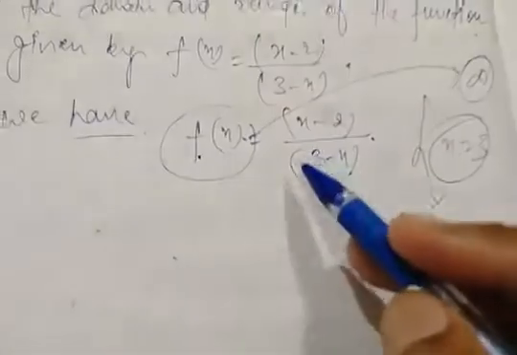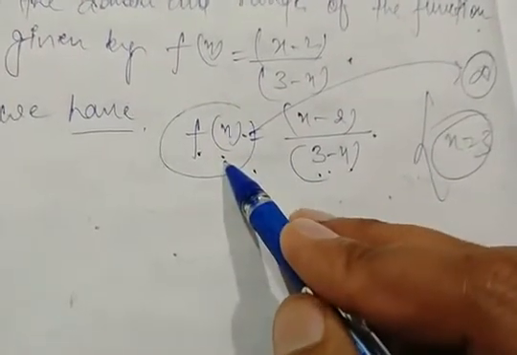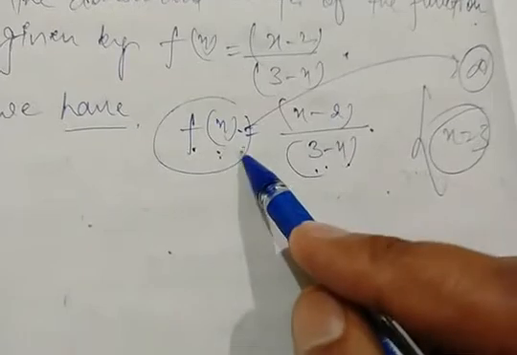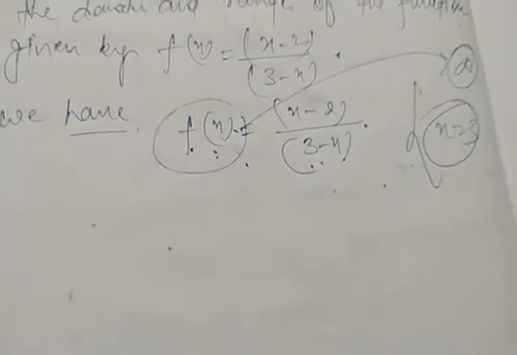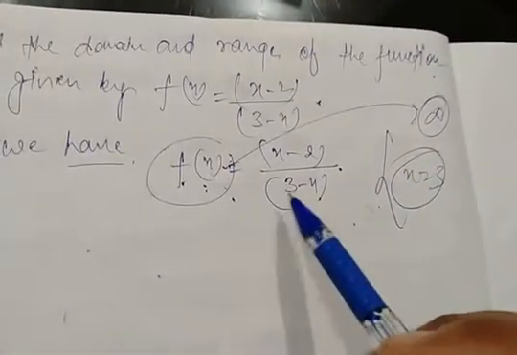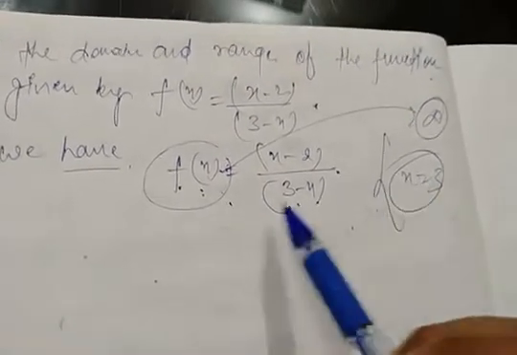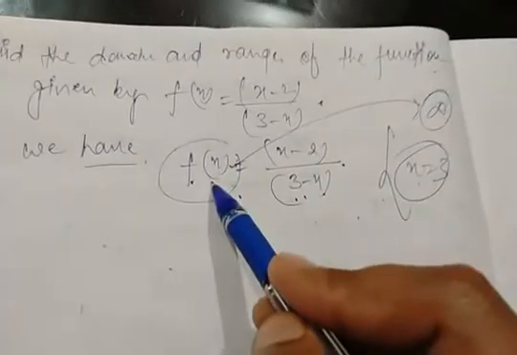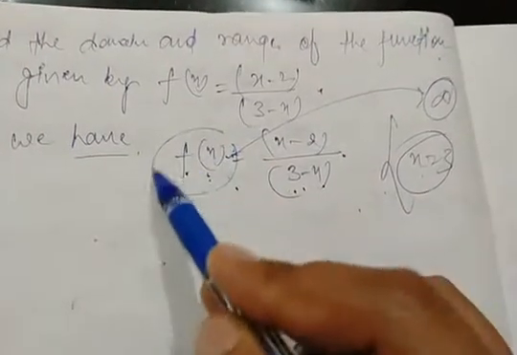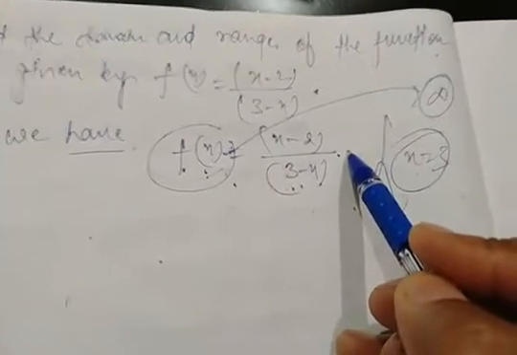So the domain of the given function is the set of all real values except 3, because at x equal to 3 the function is not meaningful.